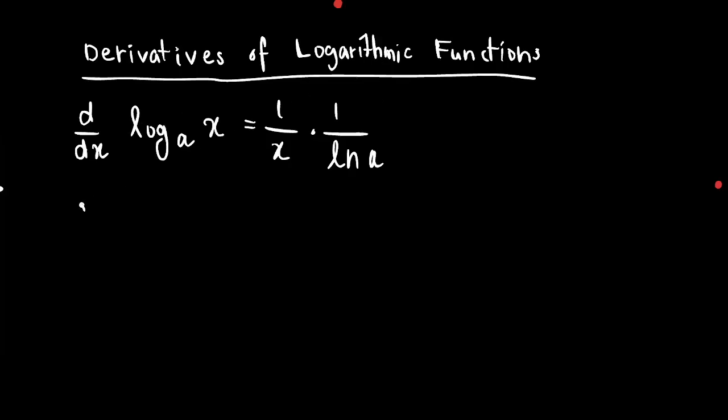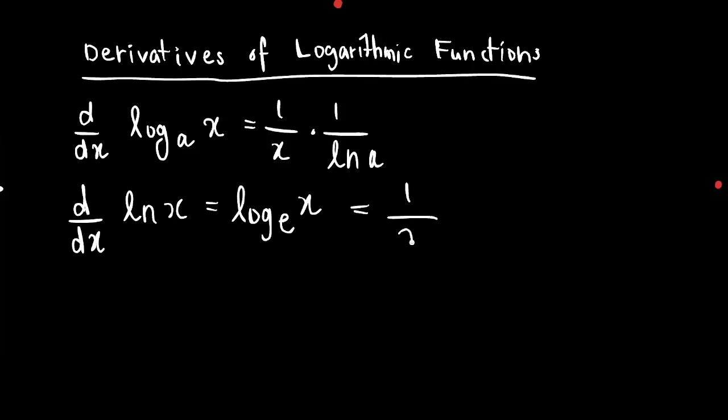And so looking again, if we were looking at the natural log as we did last time in this case, ln of x, this is our derivative. Well then, if we want to use this rule, we know that the natural log of x is just log base e of x. So if we're taking the derivative of log base e of x, writing it out in this way, that's just going to be 1 over x times 1 over ln of our base.